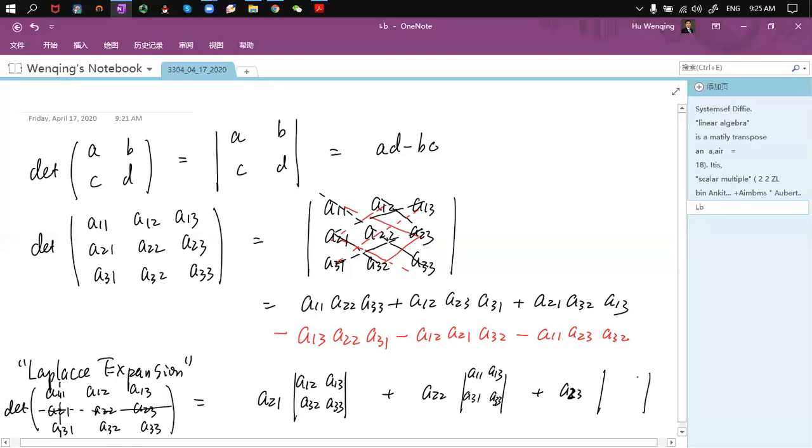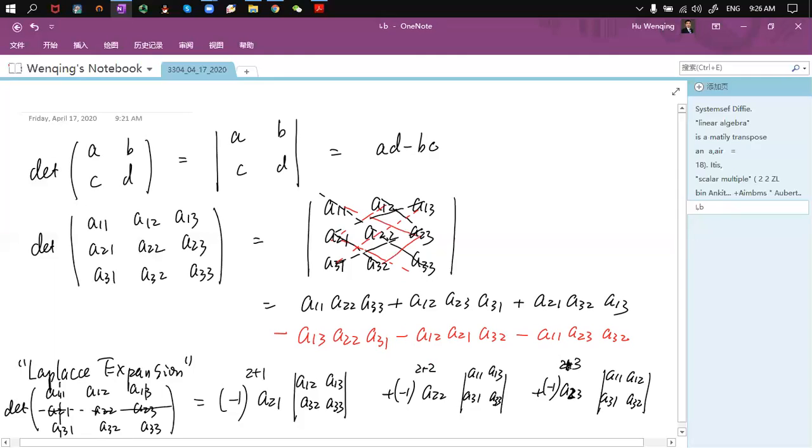You just delete the column and row containing that element. For A23, you delete this row and column, so you have these four remaining: A11, A12, A31, and A32. You also have factors of -1 raised to the row number plus the column number. So this is -1 to the power 2 plus 1, then -1 to the power 2 plus 2, and -1 to the power 2 plus 3.